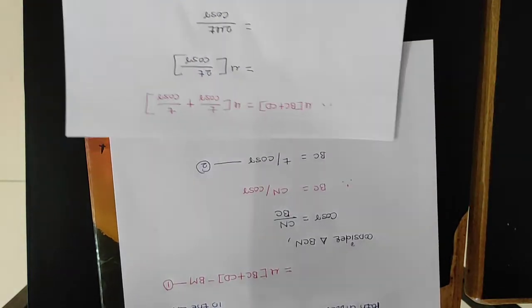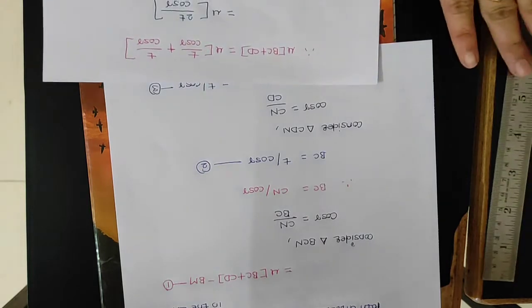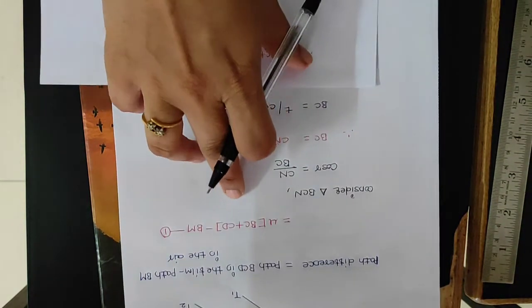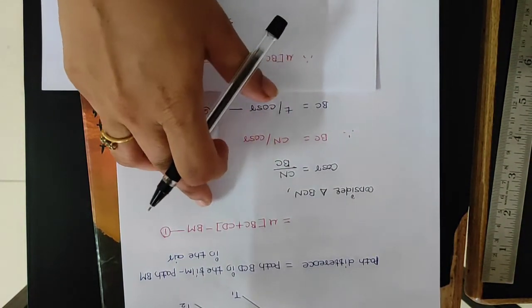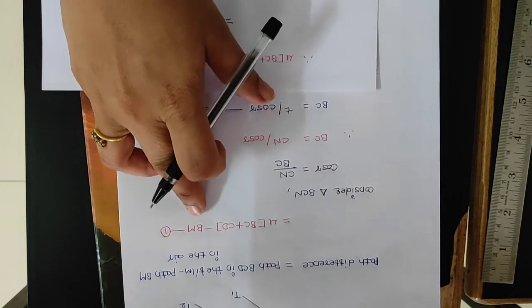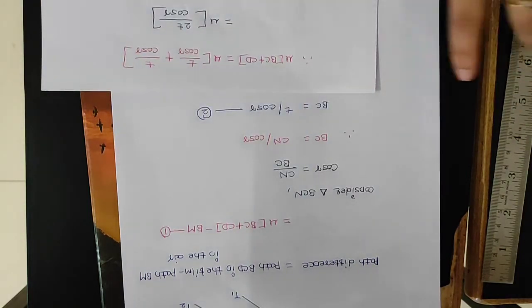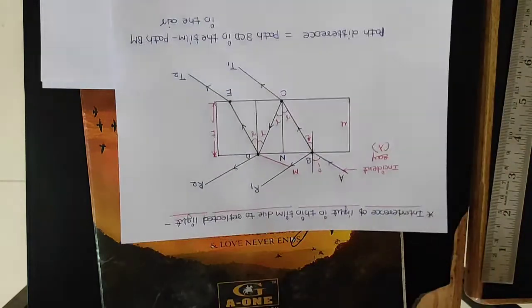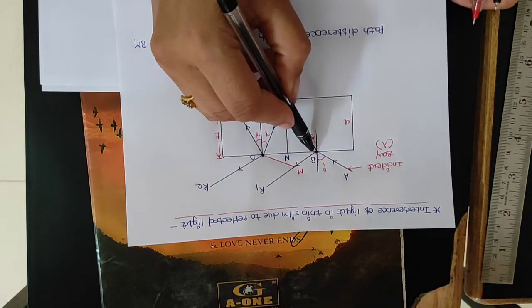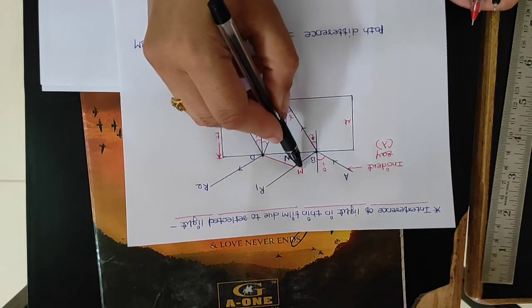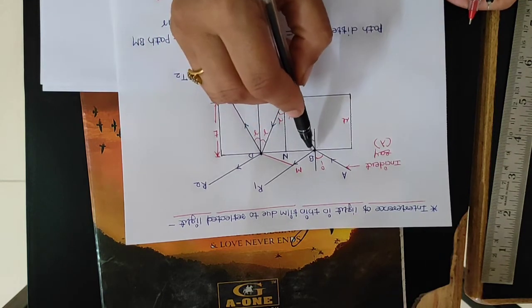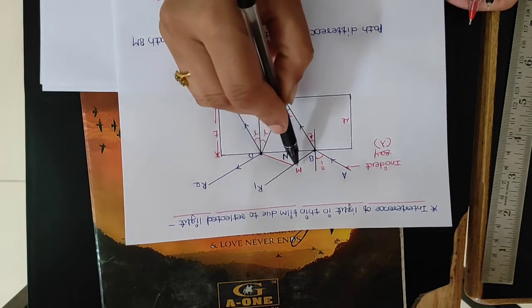Understood? Now we get the value of BC and CD. Now we have to find out the value of BM. So for this purpose, we have to consider the triangle BDM.